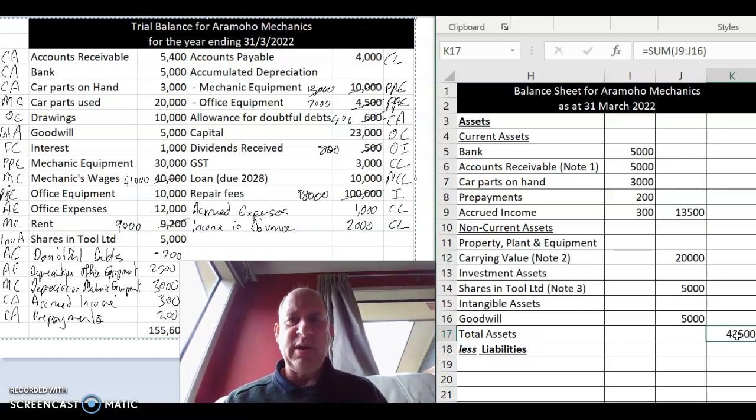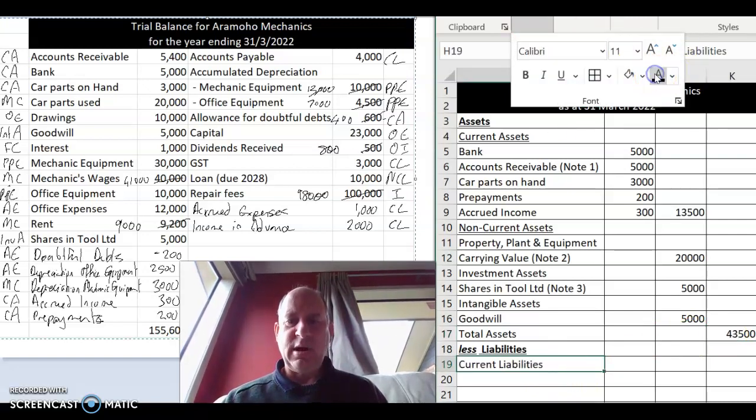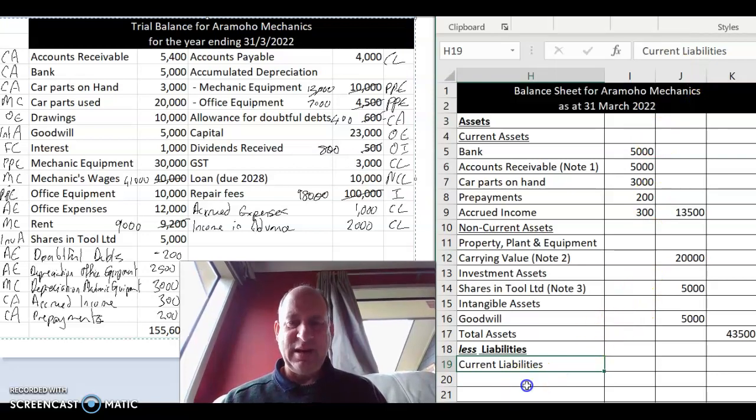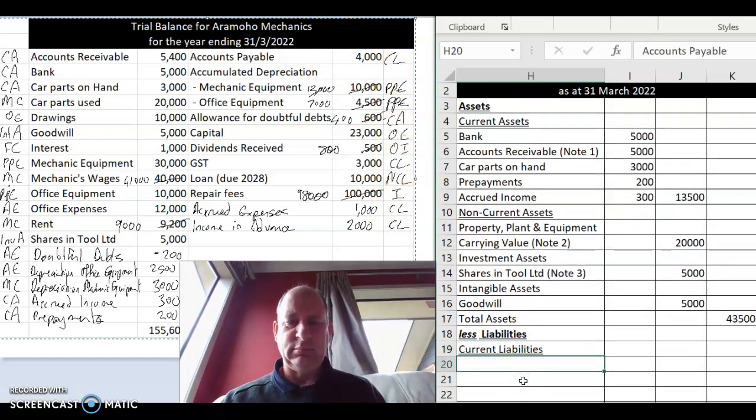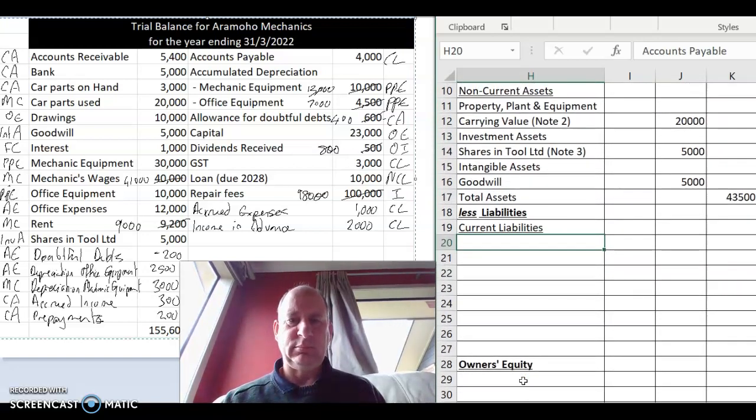The liabilities, we have two different types of liabilities. First type, which is current liabilities, good. Again, a heading so you can underline that one. And so we're looking for all our CLs on the side. So it looks like we've got 1, 2, 3, 4.